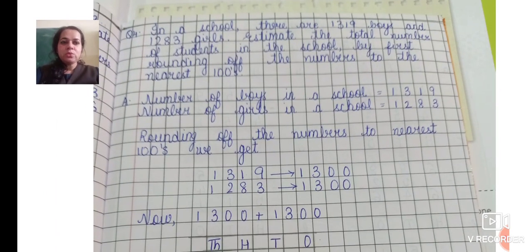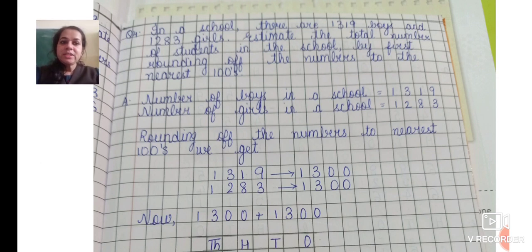In a school, there are 1,319 boys and 1,283 girls. How many boys are there? 1,319, and girls 1,283.